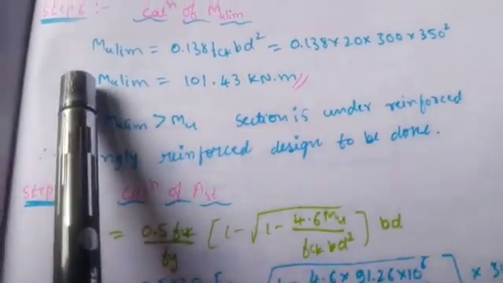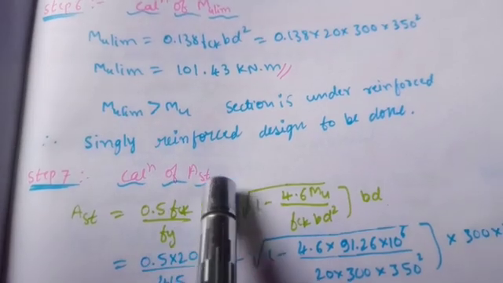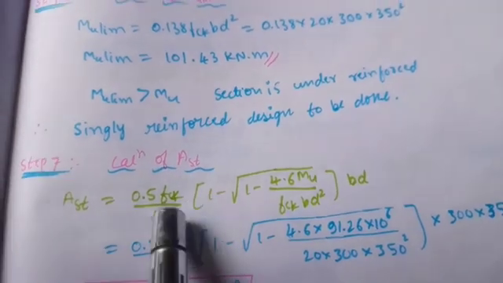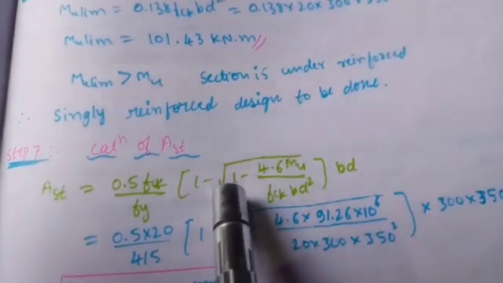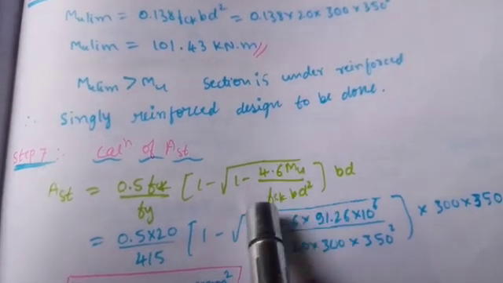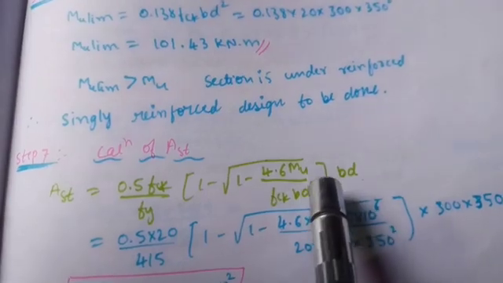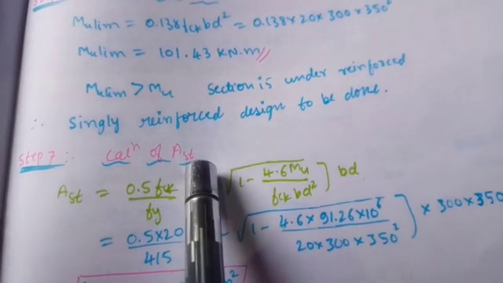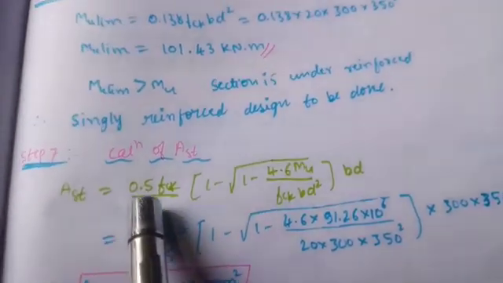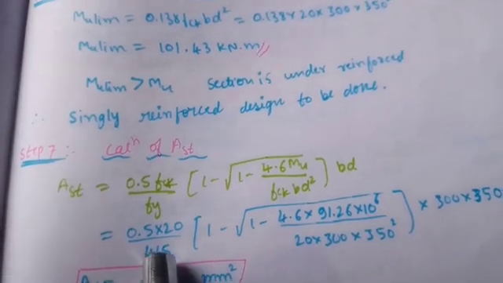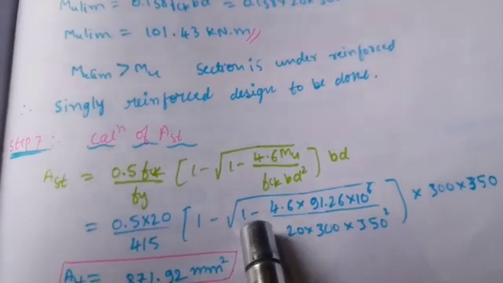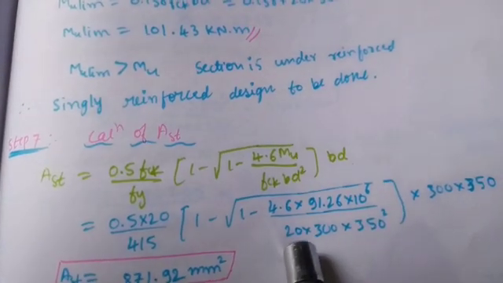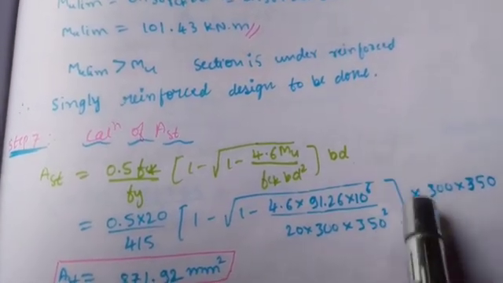So next, step 7 is the calculation of the AST. Using the formula, AST is equal to 0.5 FCK divided by Fy into 1 minus under root of 1 minus 4.6 MU divided by FCK into B into D square, bracket close, B into D. Substitute all the values: 0.5, FCK is 20, Fy is 415. 1 minus under root of 1 minus 4.6, MU value is 91.26 into 10 to the power of 6, divided by 20 into 300 into 350.